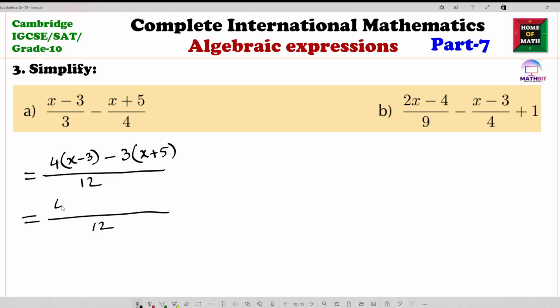Over 12, here is 4x minus 12 minus 3x minus 15. Then over 12, 4x minus 3x is x, and minus 27. This is our answer.